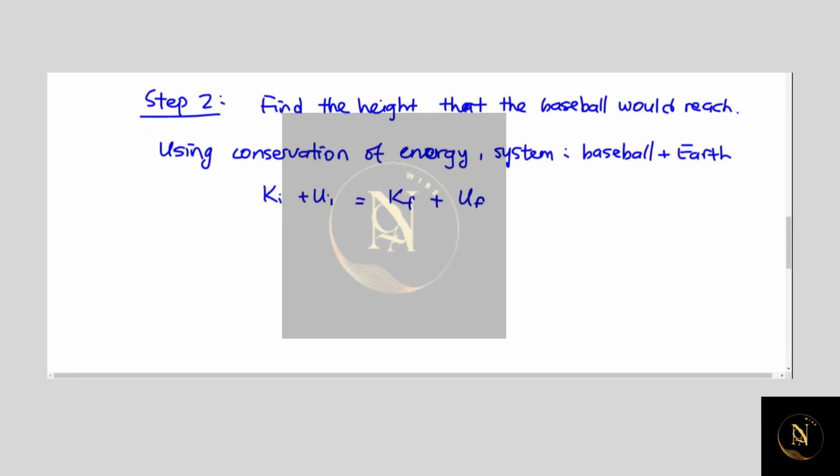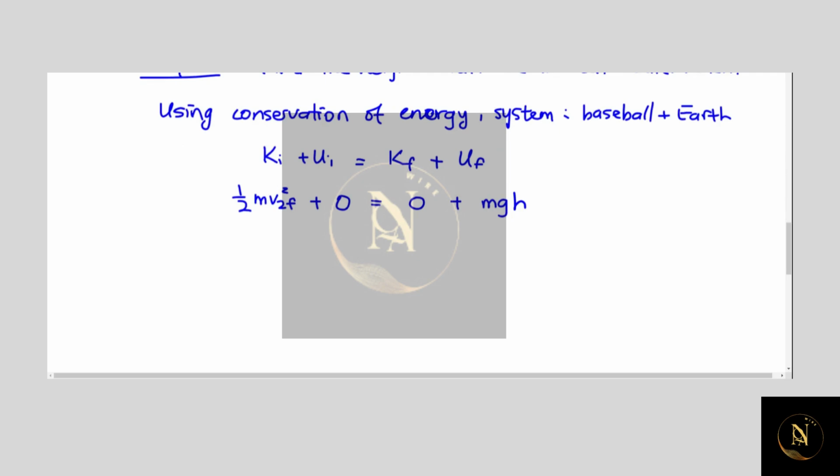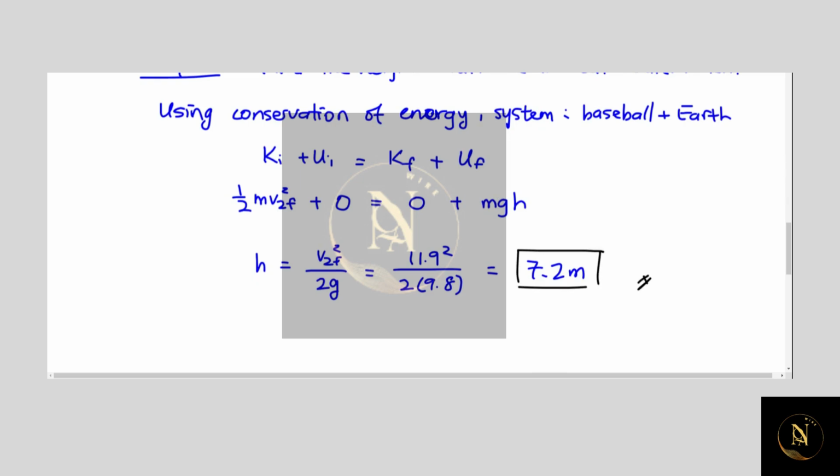Ki is half m v2f squared, Ui is 0, Kf is 0, and Uf is mgh. The m cancels, and h is v2f squared divided by 2g. So you have 11.9 squared divided by 2 times 9.8, which is 7.2 meters. This is the answer for part B, and that's all for this question.